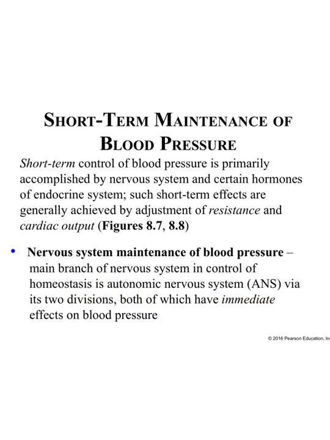So short-term control of blood pressure is primarily able to be controlled by the nervous system and a few of the different hormones of the endocrine system. They will either adjust the resistance, increase or decrease resistance, or can change cardiac output. And we talked about those inotropic and chronotropic effects that do that with the heart in that chapter.